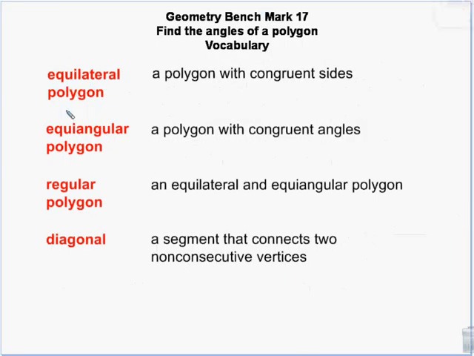Okay, an equilateral polygon means a polygon with congruent sides. Equi is Latin for equal, and lateral means sides. So an equilateral polygon has congruent sides, so that means all sides are the same length.